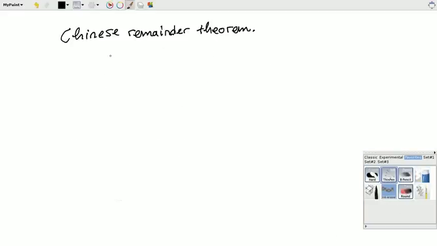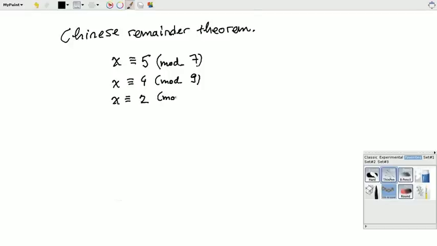So, a set of congruences like x is congruent with 5 modulo 7 and x is congruent with 4 modulo 9 and x is congruent with, I don't know, 2 modulo 5 is pretty much the usual sort of problem you would use the Chinese remainder theorem to solve.